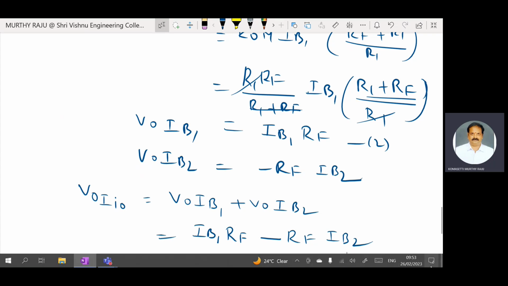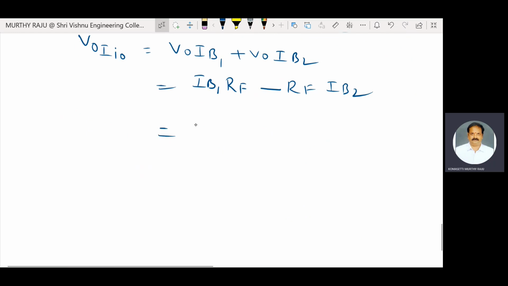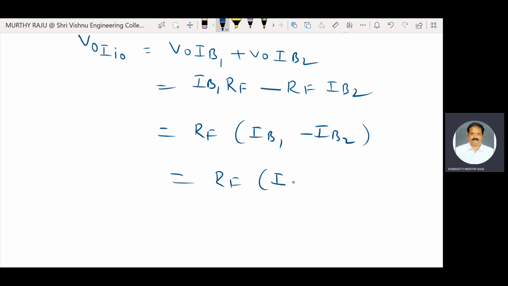RF is the common term in both cases. That is equal to RF into IB1 minus IB2. IB1 minus IB2 is the IIO. Therefore, the output offset voltage due to input offset current is equal to the feedback resistance RF into the input offset current IIO. That is the derivation.